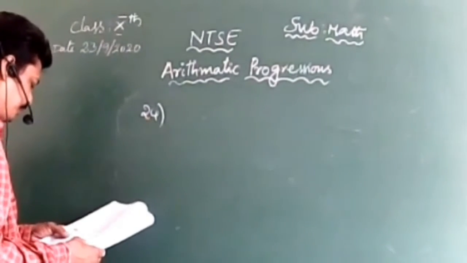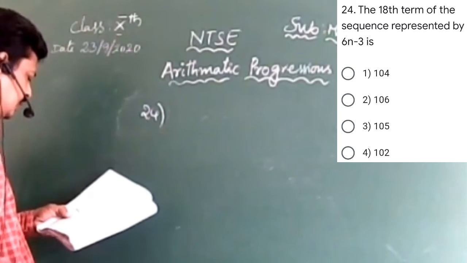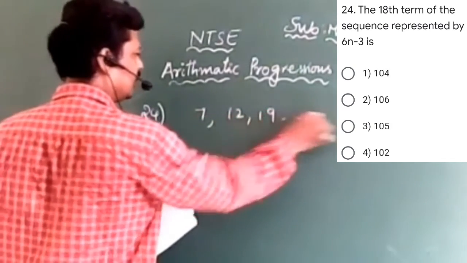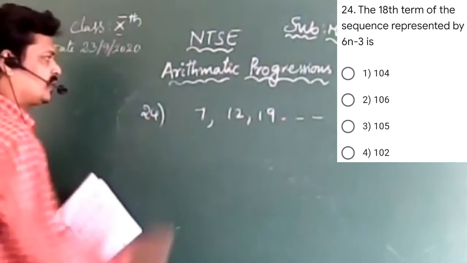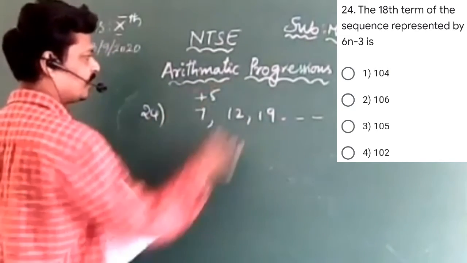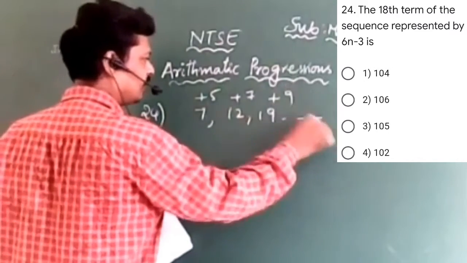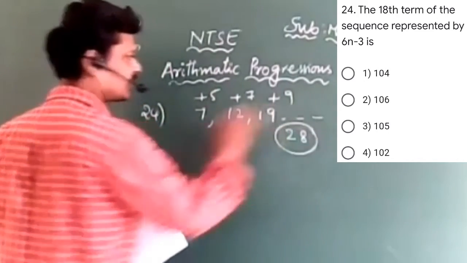24th question. The next term in the sequence 7, 12, 19, and so on. See the common difference: 7 plus 5, 12 plus 7, next will be plus 9. 19 plus 9 will be 28, the next term.